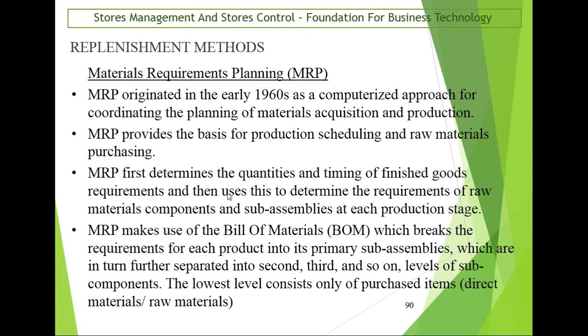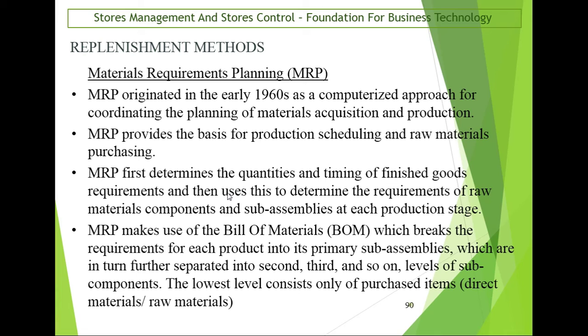various raw materials. So the MRP makes use of the bill of materials, which breaks the requirements for each product into its primary sub-assemblies, which are in turn further separated into second, third, and so forth levels of subcomponents. The lowest level consists only of purchased items, which are the direct materials or your raw materials.